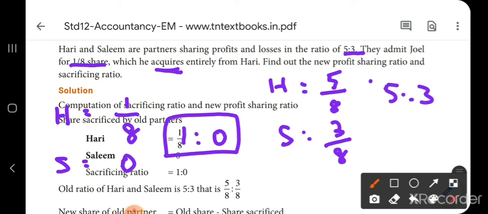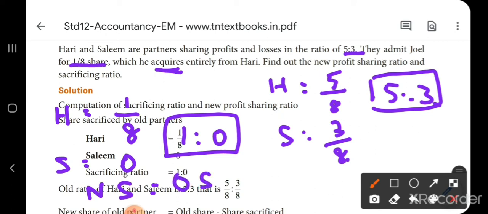That is 5 by 8 for Hari and 3 by 8 for Salim. Okay. Now we have to calculate the new share. New share, what is the formula I told you? Old share minus sacrificed share. Okay. Old share minus sacrificed share.